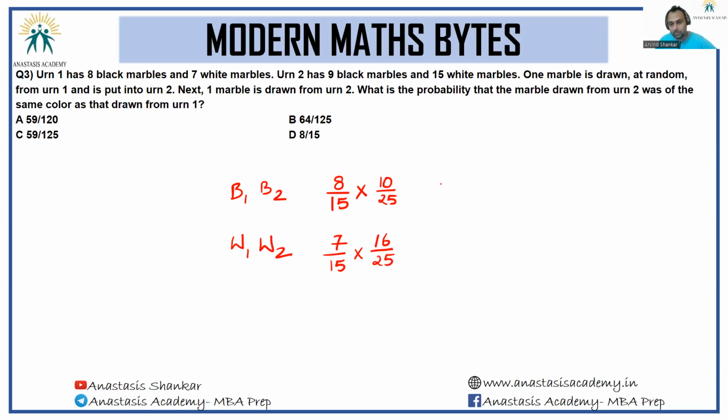Okay, so this gives me 80 and 112. So I will have 192 in total. 15 into 25 is 400 minus 25. So 375. They have 3 in common. So I will cancel that out to get 64 by 125. Or option B will be the final answer.